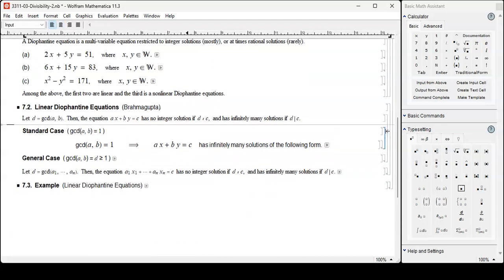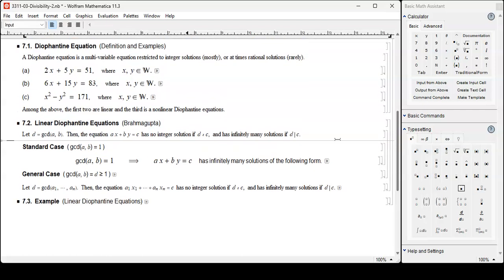So if we begin from simplification, any well-posed linear Diophantine equation can be reduced to the standard case where the coefficients are relatively prime to each other. All right? Of course, if D does not divide c, then such a simplification is impossible. In that case, no solution, which we can prove. But if there is a solution, then those can be brought down to the standard case.